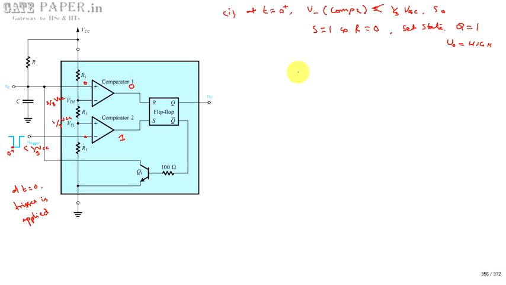Okay, now V0 will go high and Q is equal to 1, that makes Q bar is equal to 0. Q bar is equal to 0, so transistor Q1 switches off, that is nothing but it comes into cutoff condition. Transistor Q1 is cut off, so now the capacitor is not going to be connected to this node.